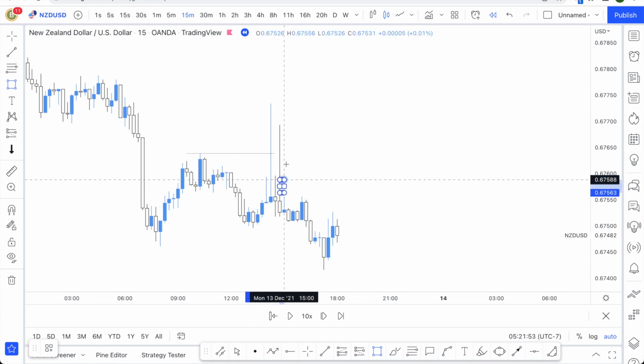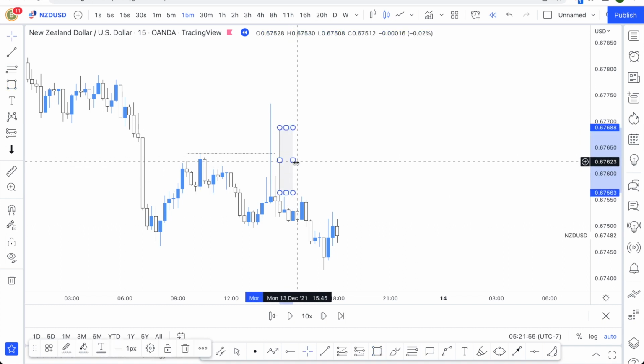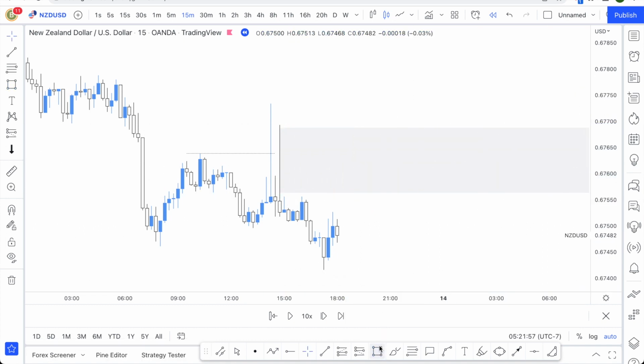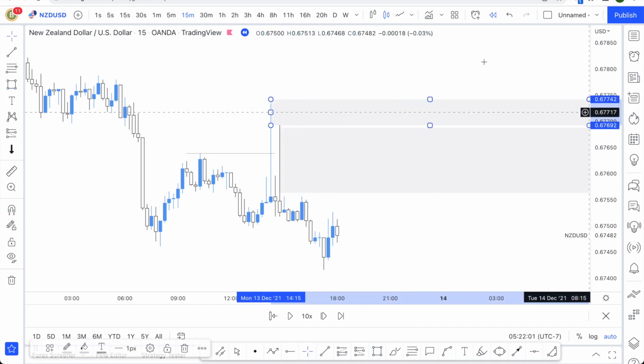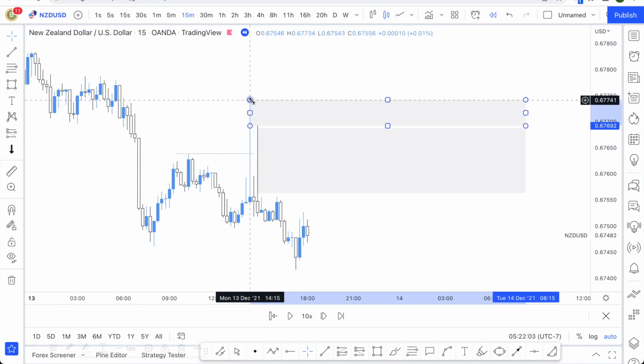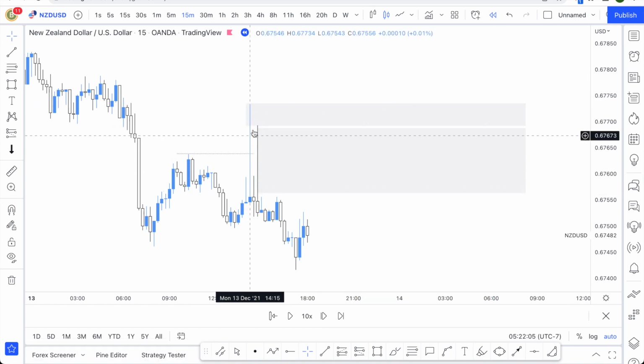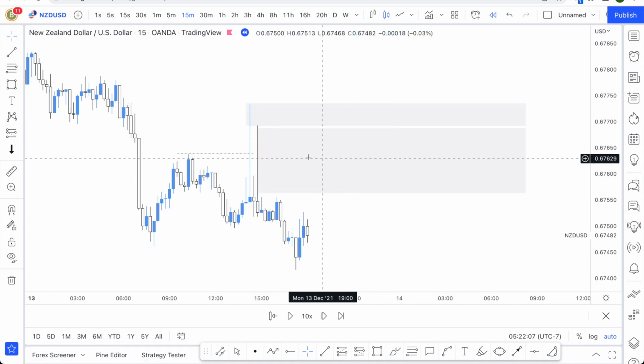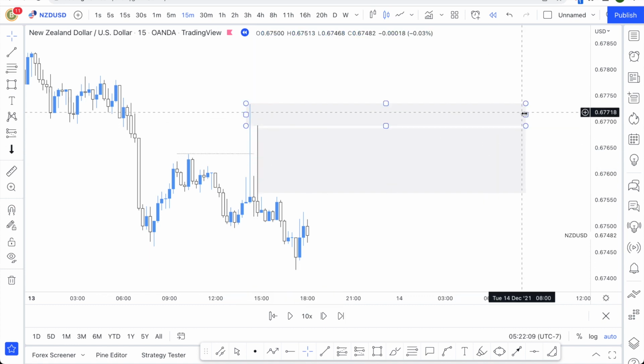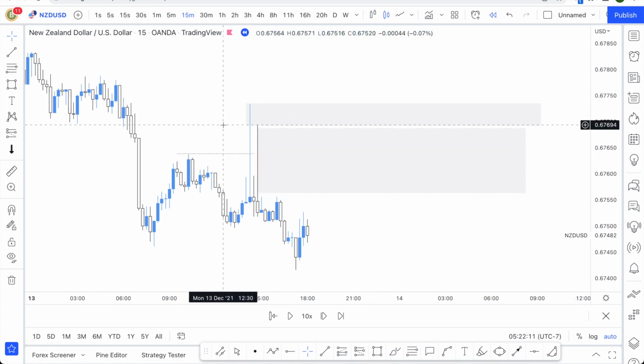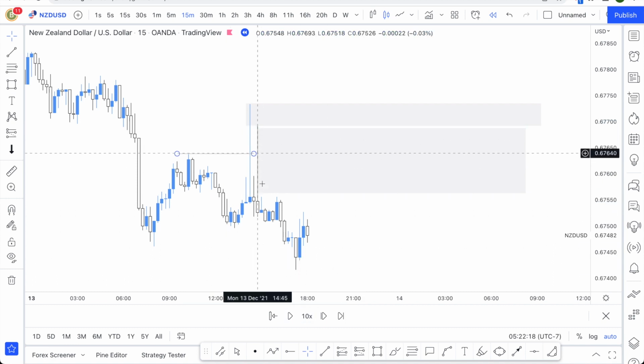It could either be this entire wick as far as where the last order block is, or it could sometimes be this little bit of space between this wick and this wick here. So these are the two areas that are pretty much the last order block before the major trend move bearish.